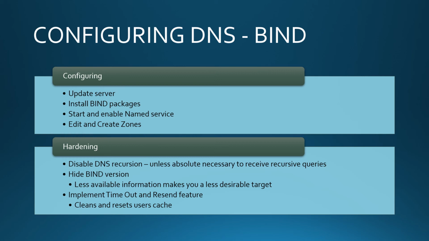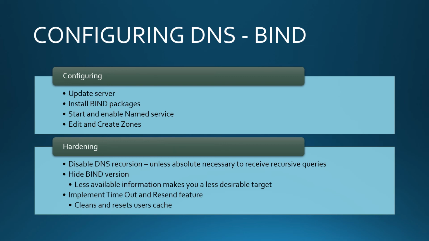Update your server, install your BIND package, sudo apt-get, start and enable the named service, and then edit and create your zones. Now, since it's Linux, when you go to IIS on Windows, the wizard does a little more to create the zones for you. With the Linux command line especially, it's on you to create those zones.